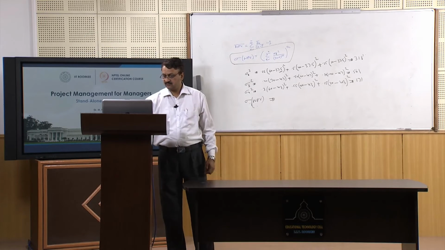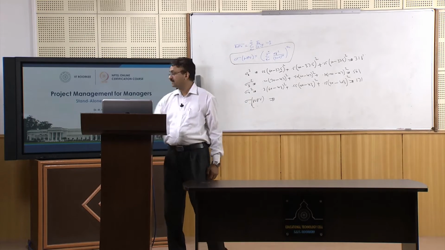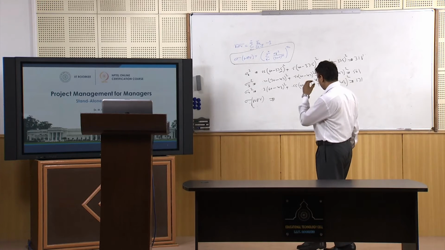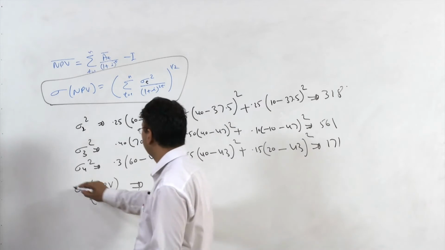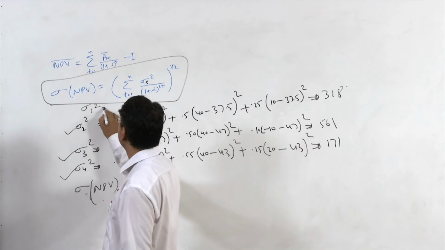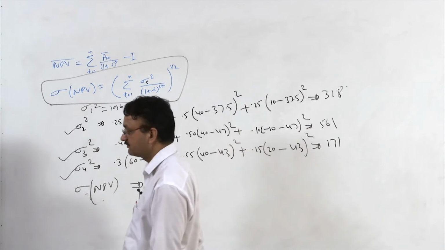So, for first year it was 196. This is for fourth year, this is for third year, this for second year, and for first year it was 196.